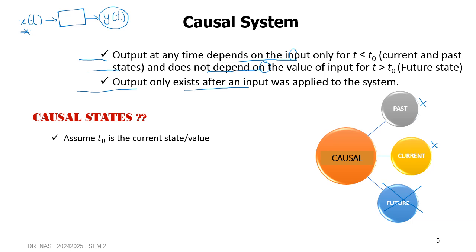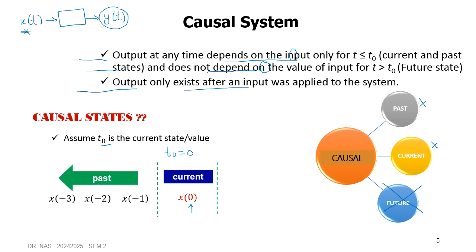To determine whether the system is causal or not, you need to identify a few components inside the equation. Now assume the current state is given as t0. So your current state here, assume t0 equal to 0. So this is your current state.